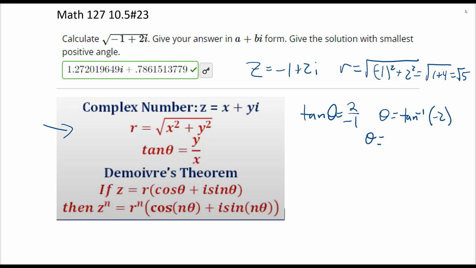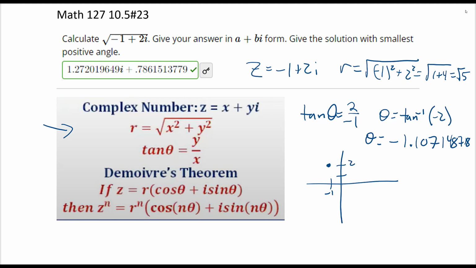I'm going to make sure it's in radians, not degrees, which I'm used to using for a lot of things we did earlier in this chapter. Tangent inverse of -2, and I get -1.107148718.